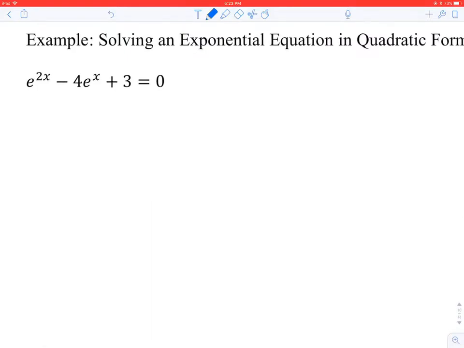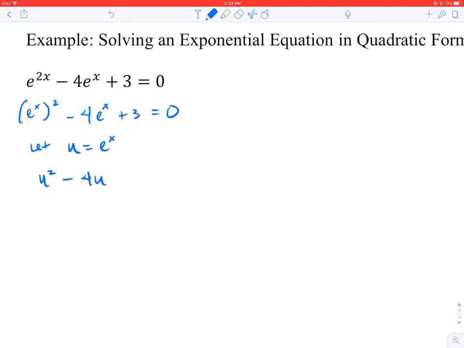Okay, so an exponential equation in quadratic form. Now notice that e to the 2x can be written as e to the x squared, where we can either factor this as is, or we could let u equal e to the x.